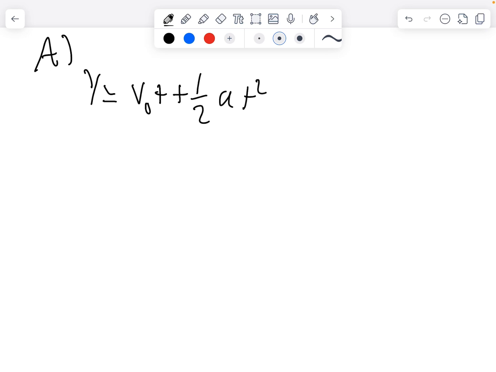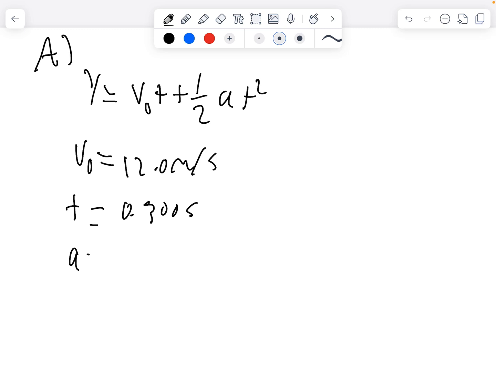V0 is the initial velocity, 12.0 meters per second, which they said in the problem. The time we're looking for is 0.300 seconds. And gravity is usually shown by negative 9.8 meters per second squared.